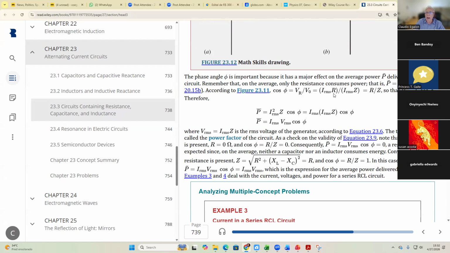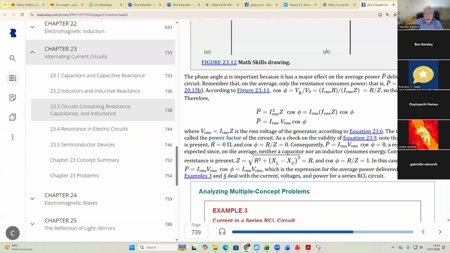And I RMS times R, I RMS times Z, times Z, right? Or, R over Z, so that the resistance is Z cosine of phi.